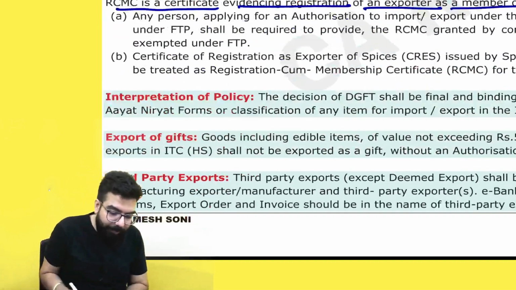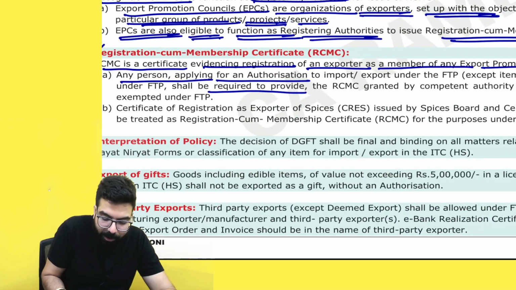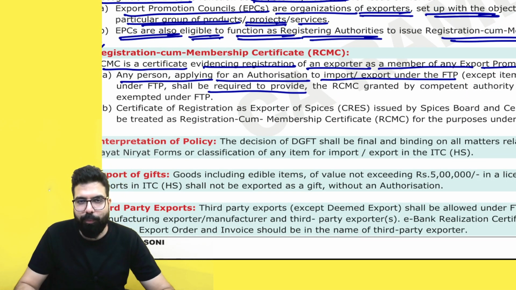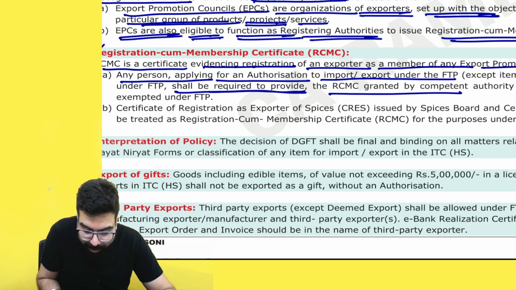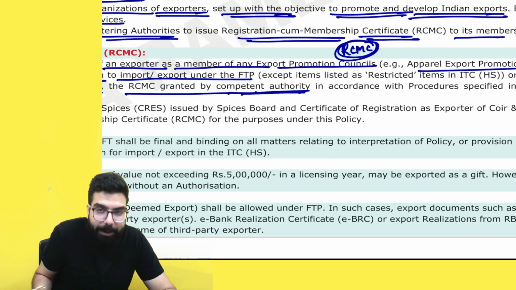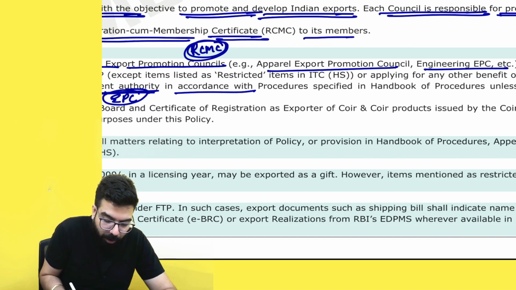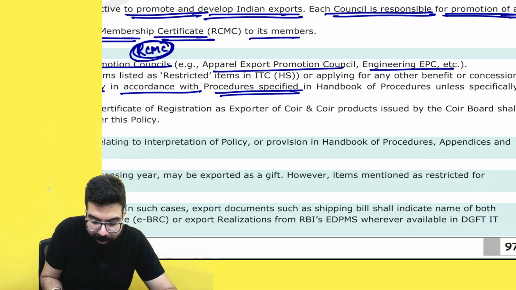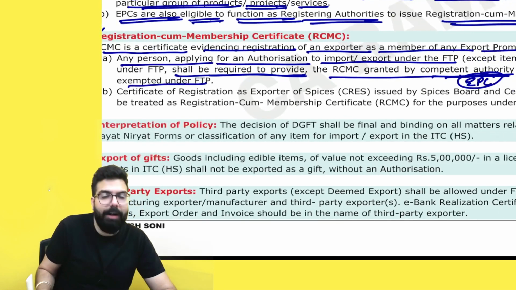Done. Then any person applying for an authorization to import or export under the foreign trade policy shall be required to provide the RCMC certificate given by the competent authority, by the Export Promotion Council, in accordance with the procedure specified in the handbook of procedure, unless specifically exempted under the foreign trade policy.